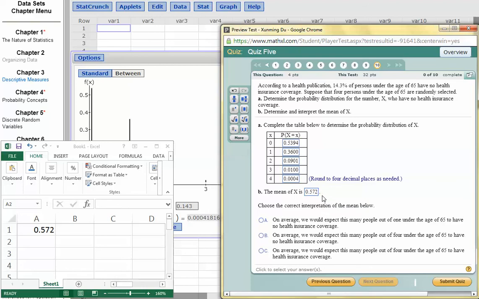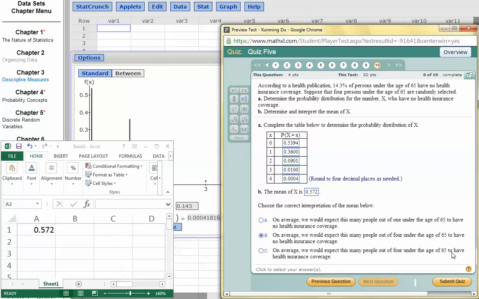Now, what's the meaning of that? It means that on average we would expect this many people out of 4 under the age of 65 to have no health insurance coverage. You want to click on B. And why is it not C?